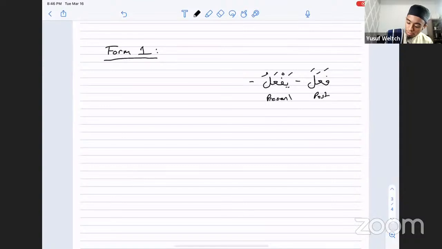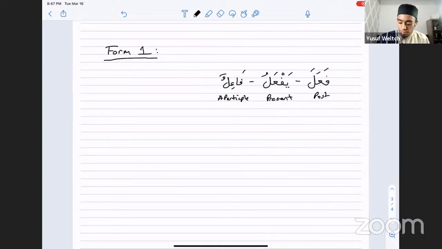The next thing we're going to add is ism fa'il, so active participle. Forgive the spelling. Fa'ilun. So fa'ala yaf'alu fa'ilun.